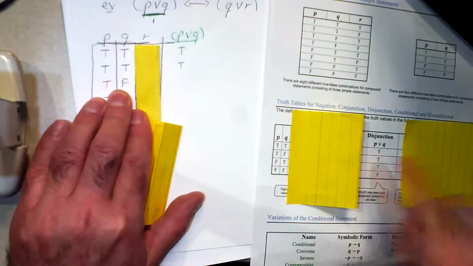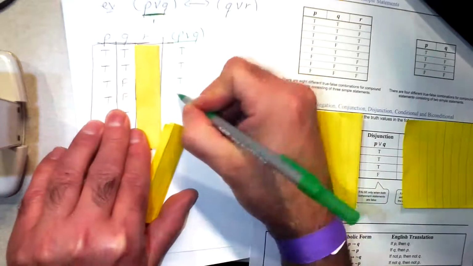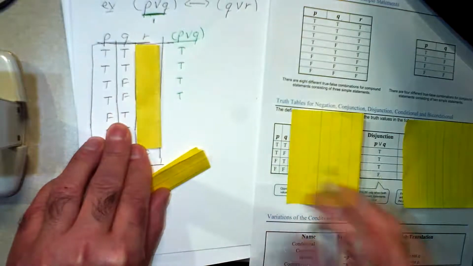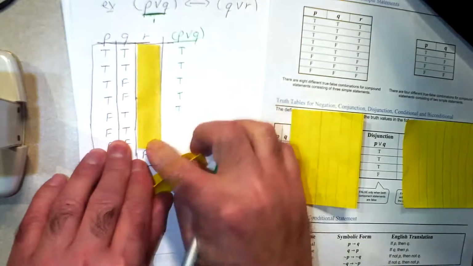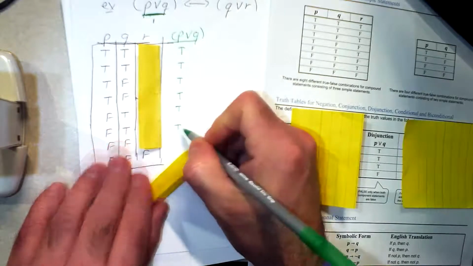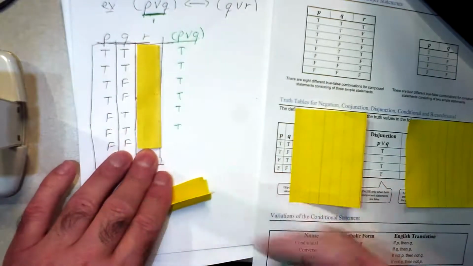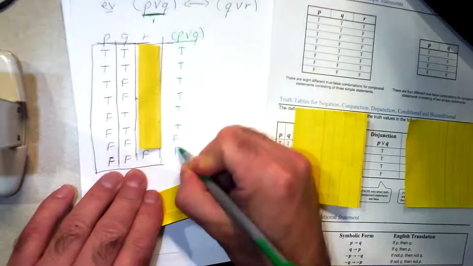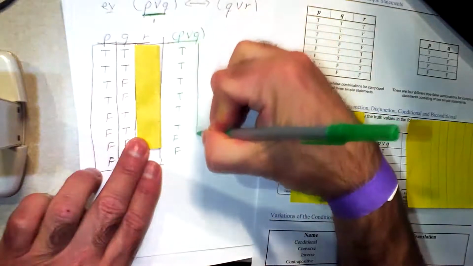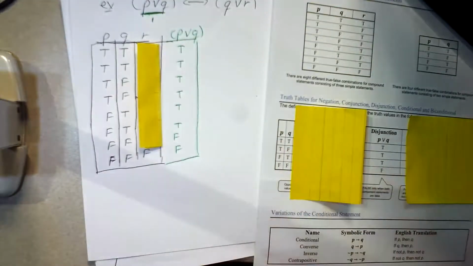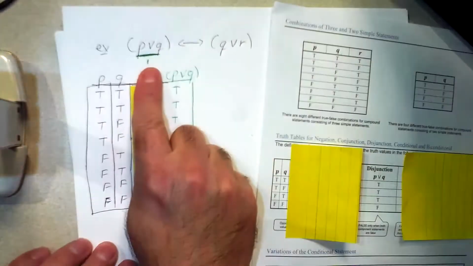TF is T. TF is T. FT is T. FT is T. FF is F. And FF is F. So there are 8 results. I'm using my decipher code to get my answers. All right, so that's the green part.